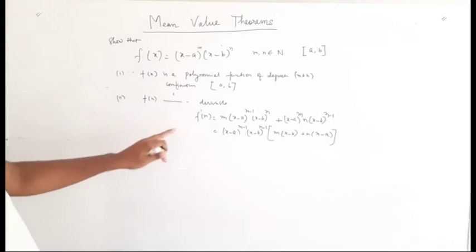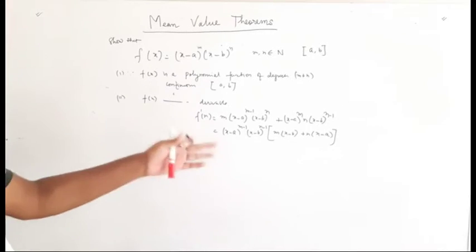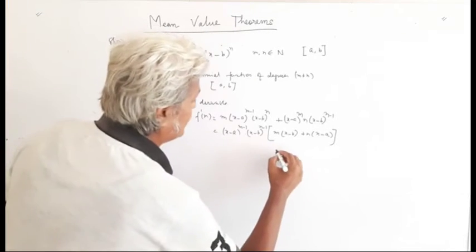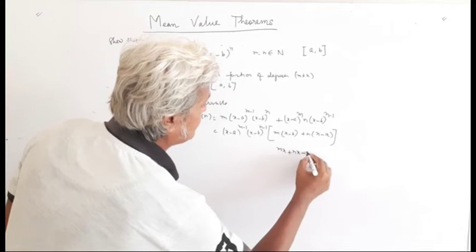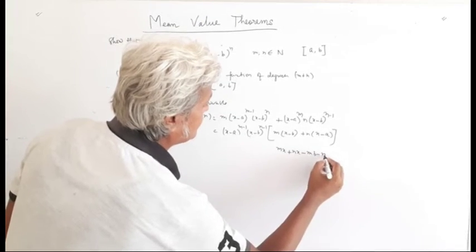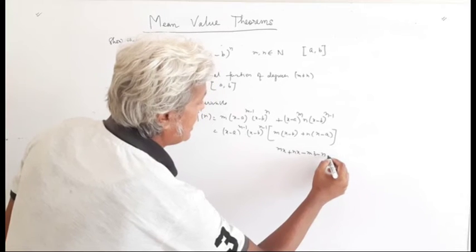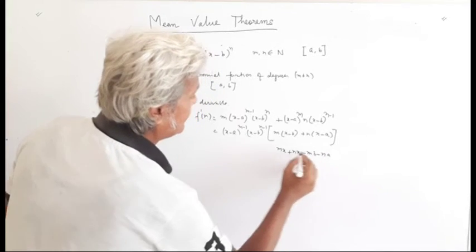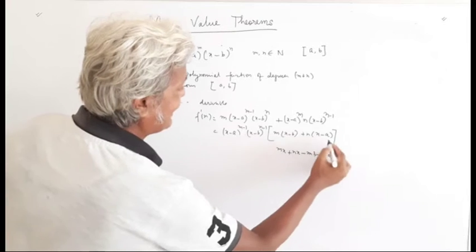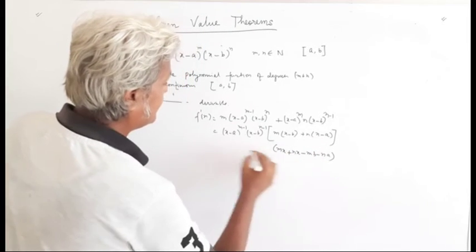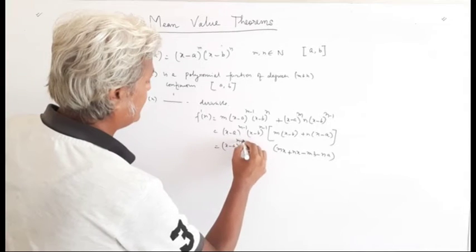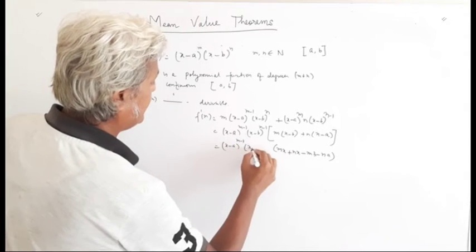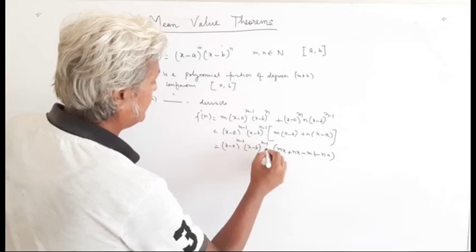Okay, so you see that its differentiation exists, and this gives you the form mx plus nx minus mb minus na, times (x minus a) to the power m minus 1 and (x minus b) to the power n minus 1.